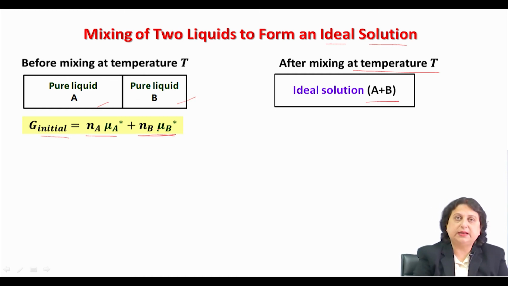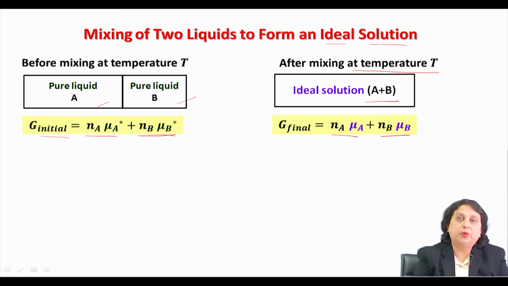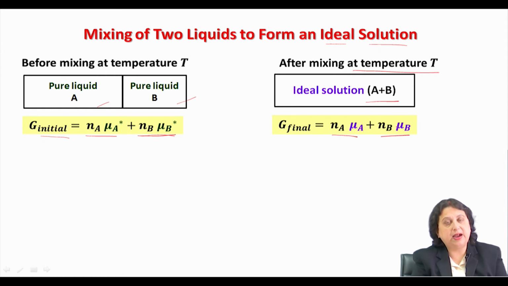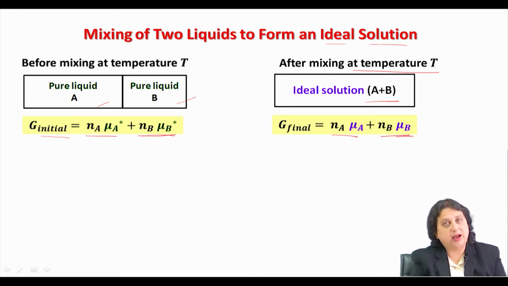Now, after mixing, the final Gibbs free energy would once again be given by Na mu A plus Nb mu B. Now, what is the component mu A? That is the chemical potential of the component A in the ideal solution A plus B at a temperature T. Similarly, we have mu B as the chemical potential of the component B in the ideal solution at temperature T.